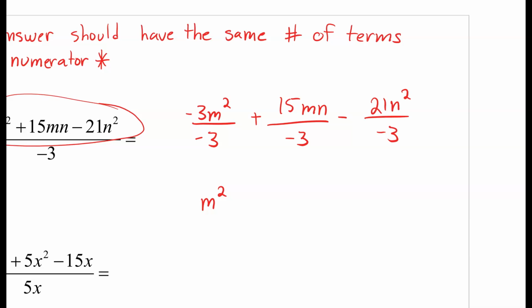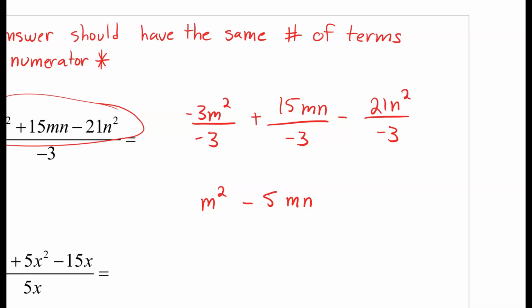Next we have positive 15mn divided by negative 3. So if we have one negative in this, we have 15 divided by negative 3, that's going to give us a coefficient of negative 5, and there's no variables on the bottom, so the m and the n goes unaffected.